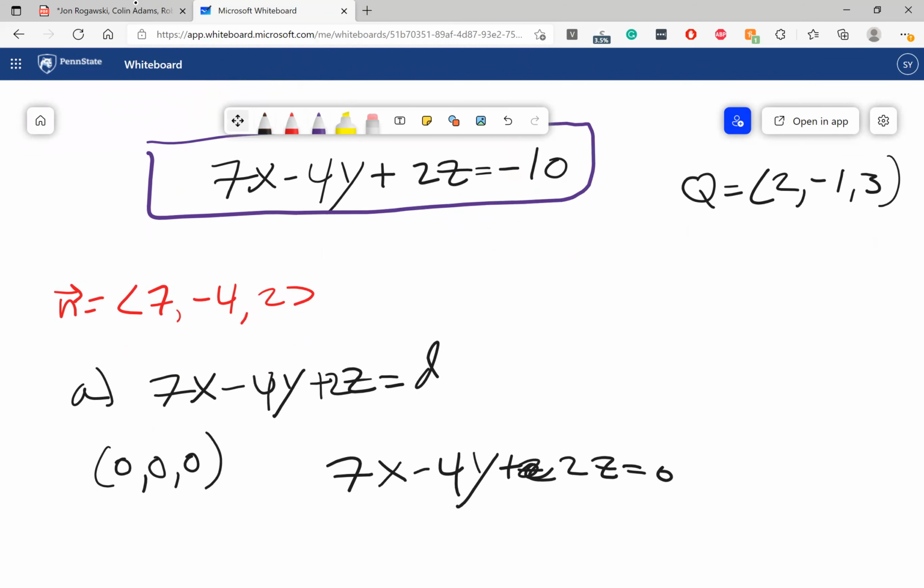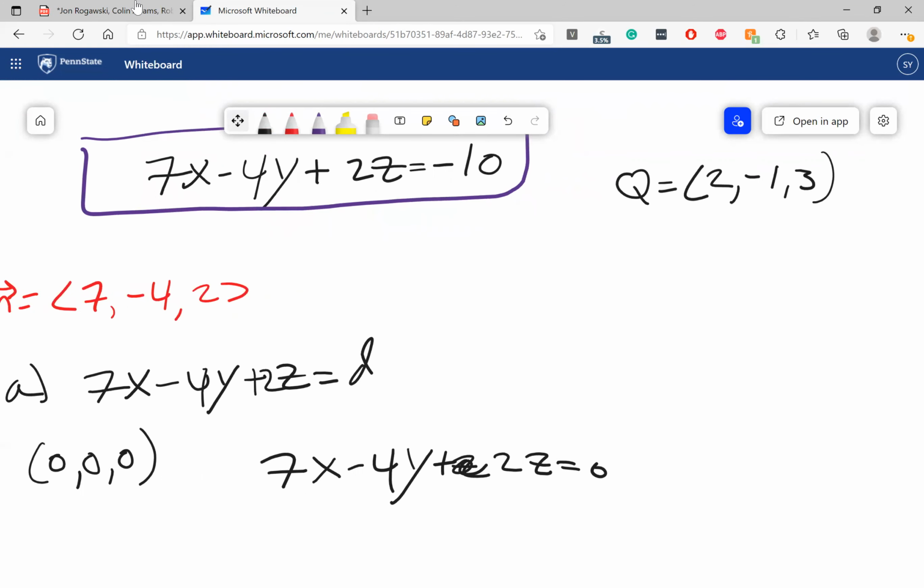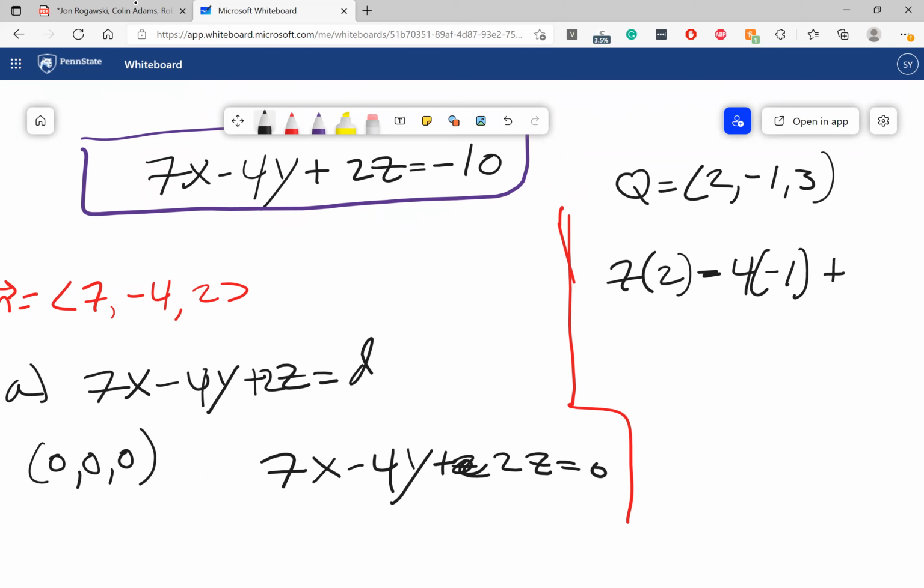For the next one with Q, what we can do is plug in Q. So we can say 7 times 2 minus 4 times negative 1 plus 6 is equal to my d.